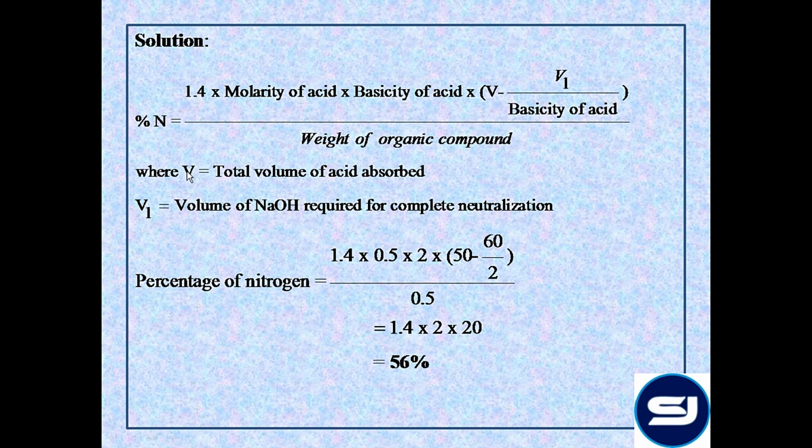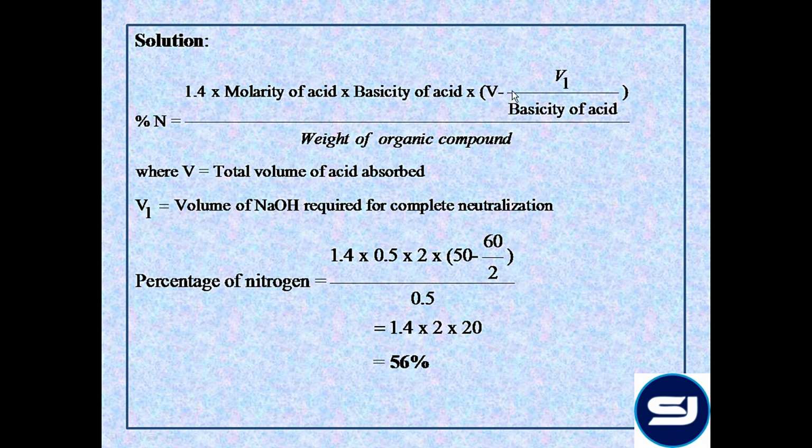So here this V is the total volume of acid which is absorbed in the Geldahl's method, and V1 is the volume of NaOH required for complete neutralization.